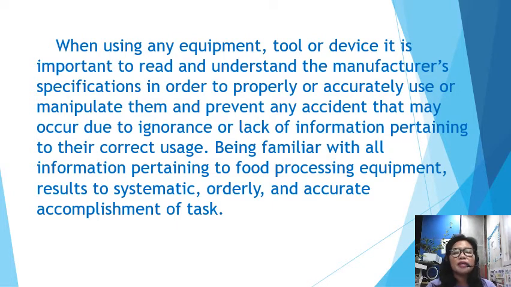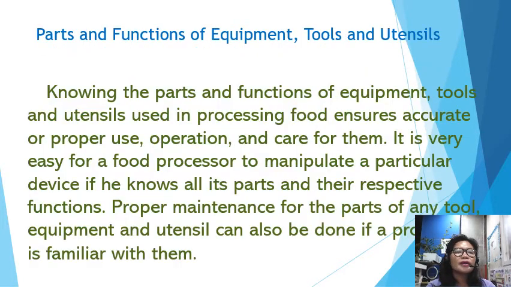So being familiar with all information pertaining to food processing equipment results in systematic, orderly, and accurate accomplishment of tasks. Okay? Parts and functions of equipment. So this time I'll give you only the equipment first.